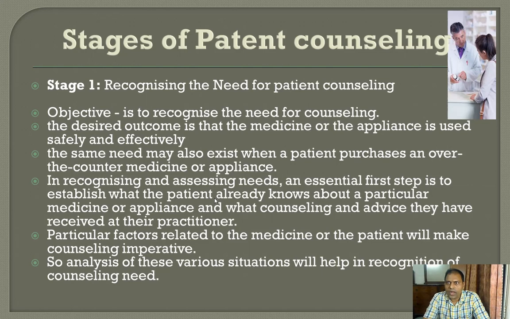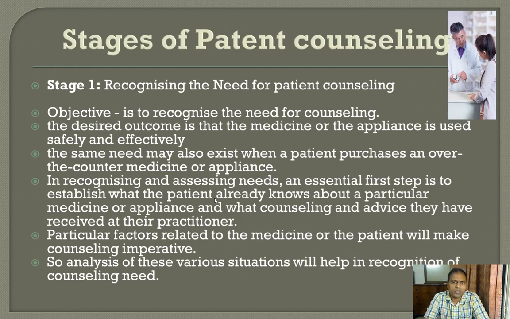So first you have to identify whether you need to do the patient counseling on that particular patient. A pharmacist is a busy person in the pharmacy. His time is very important. He is the main person, needed everywhere, at every occasion.